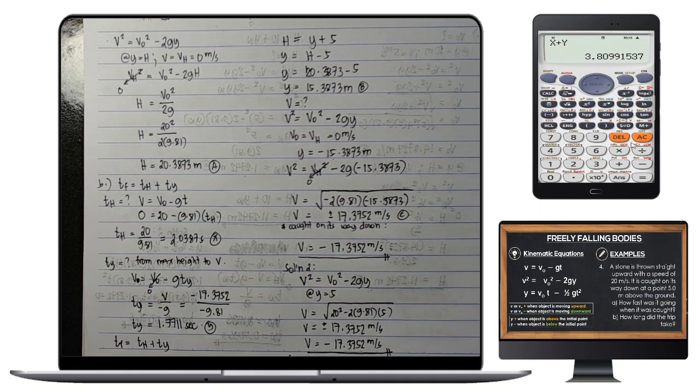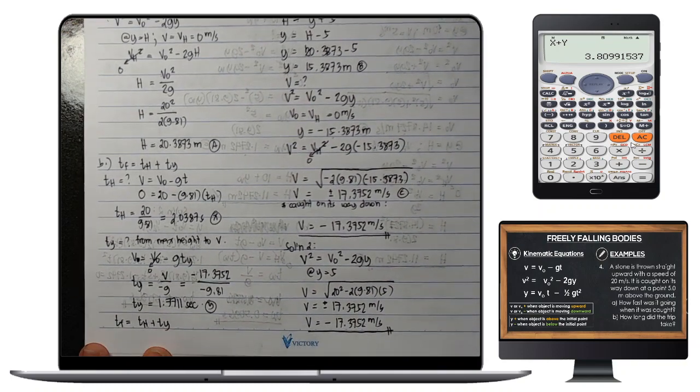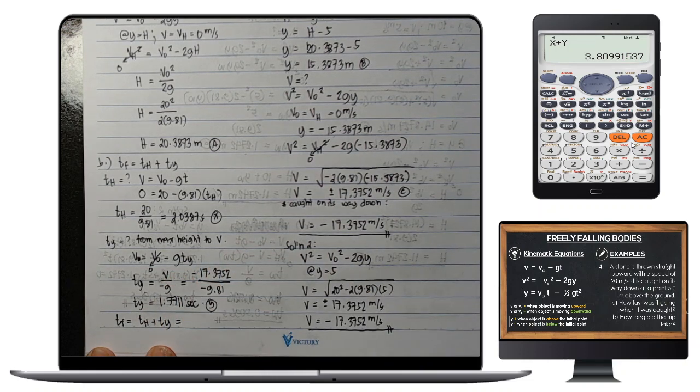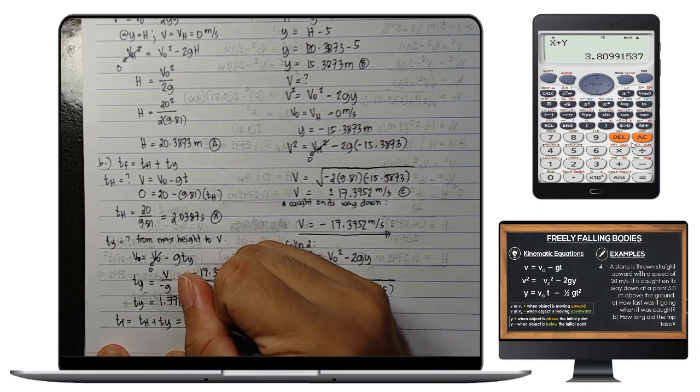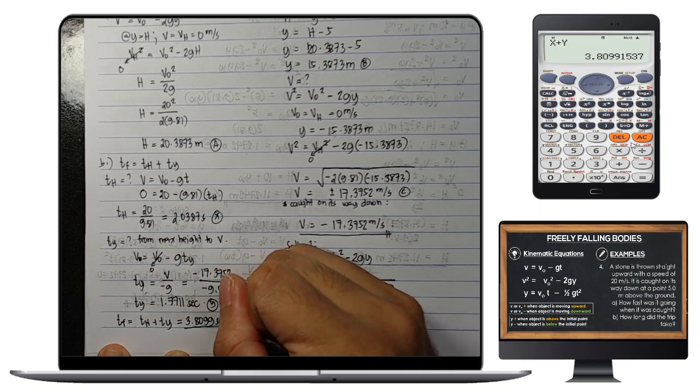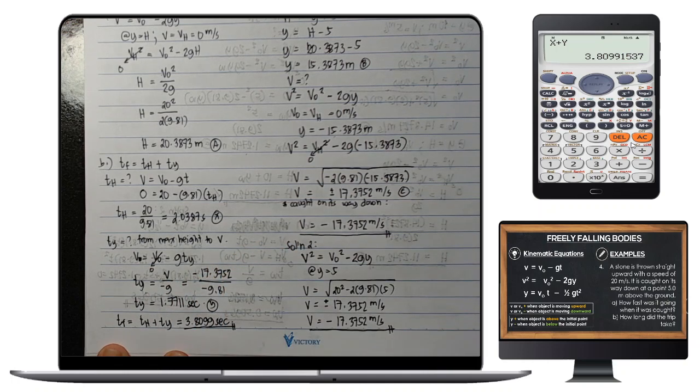So, add lang natin sila. Okay, therefore, yung time of flight natin is simply 3.8099 seconds. So yan yung ating time of flight.